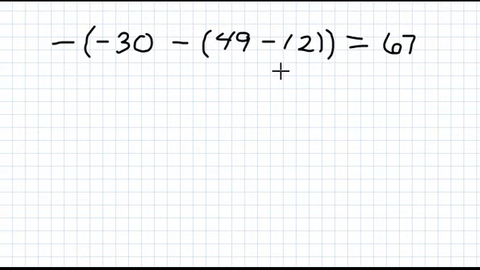Alright, goal is to get this to equal 67. So let's see if that's true. Well, we've got 49 minus 12, so we want to get that first. Okay, so let's see, 4 minus 1 is 3, 9 is 37. Alright, so this is 37 here. Now we got this minus still. Now we could put parentheses around this, but I'm just going to go ahead and drop the parentheses and put the minus there.